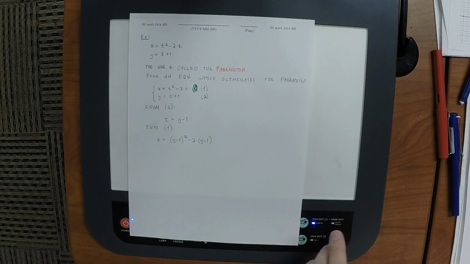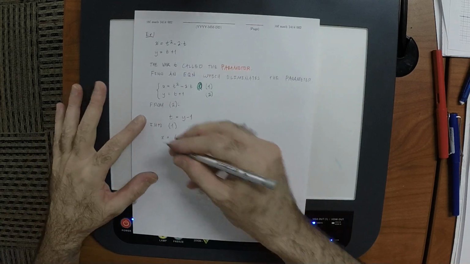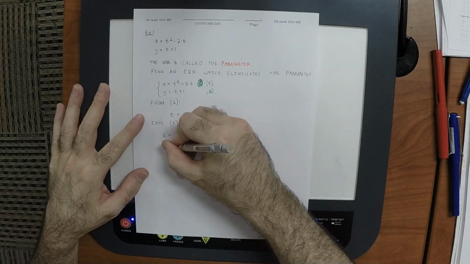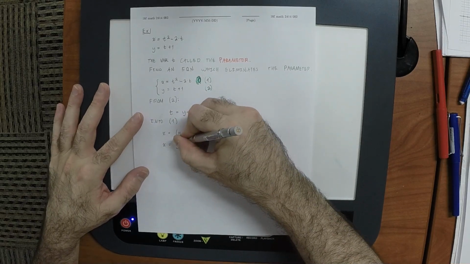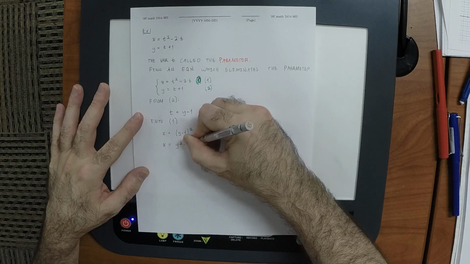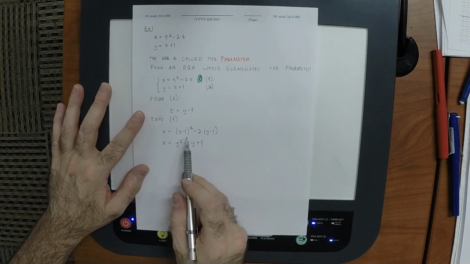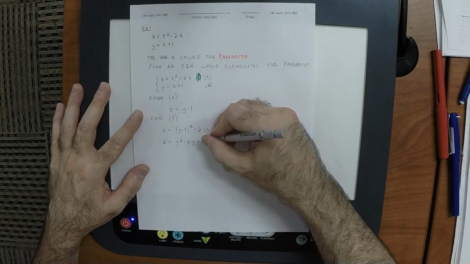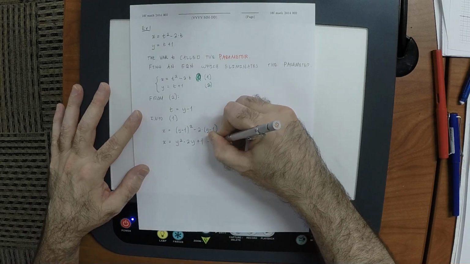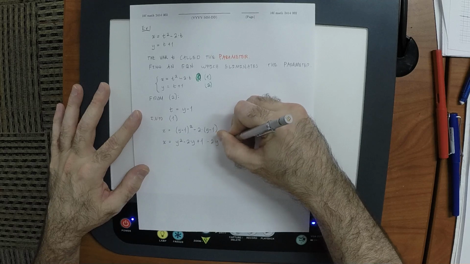And now I'm going to collect like terms and get x is, well, that'd be y squared minus 2y plus 1. So that's foiling that bit out. And then this would be subtract 2y, add 2.